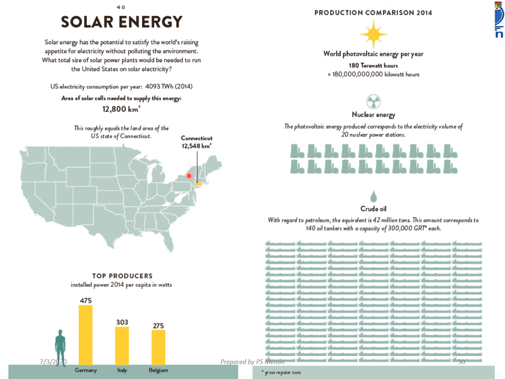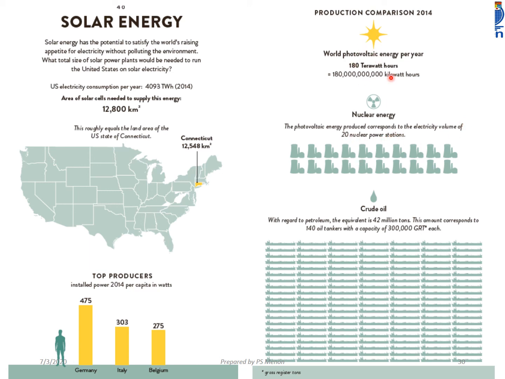This is how many solar cells are needed to supply this amount of electricity consumption. And in terms of production comparison, the world photovoltaic energy per year is 180 terawatt hours. In terms of nuclear energy, it can produce the electricity volume of 20 nuclear power stations.